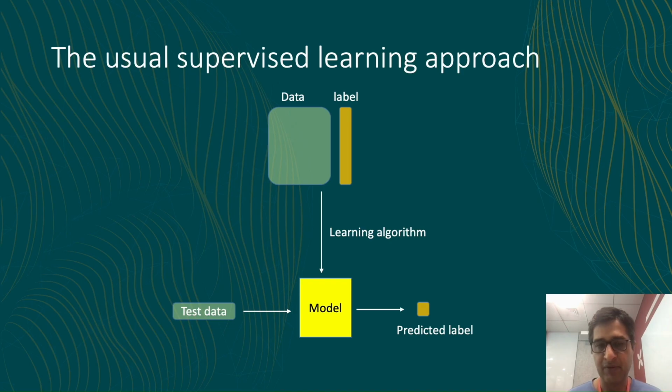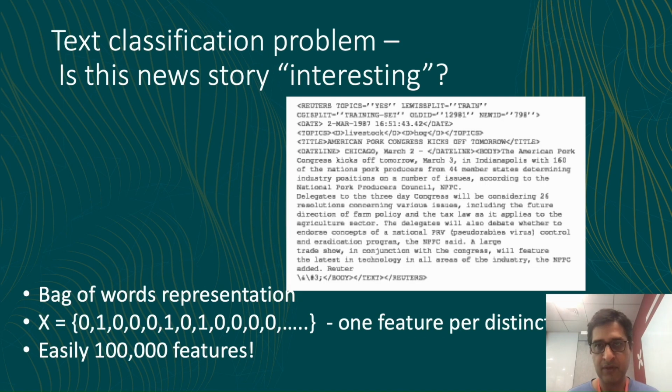But when the prediction has to be on the basis of textual data, it tends to get a little out of hand. So, for example, if you have a text classification problem of whether this story is interesting or not, your features would be the bag of words representation.